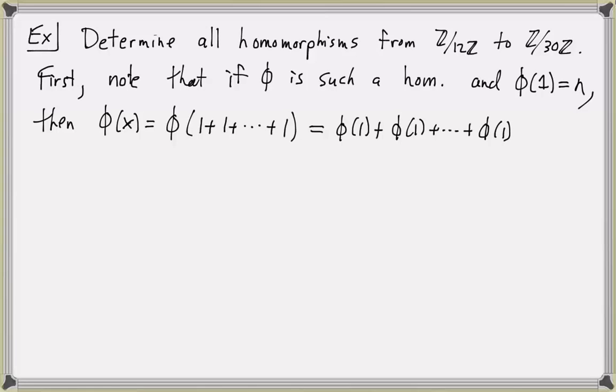And this is a total of x terms of phi of 1. So this just equals n plus n all the way to plus n. And we have a total of x of these n, so this just equals n times x. So this is why, if we know where the integer 1 is being mapped to, we can completely determine the definition of this homomorphism.